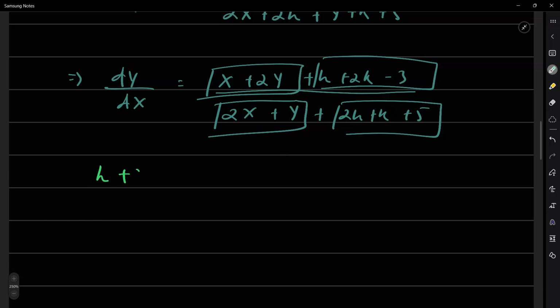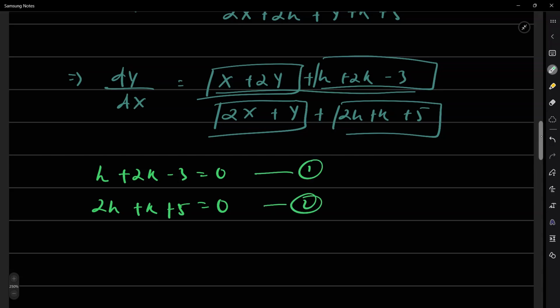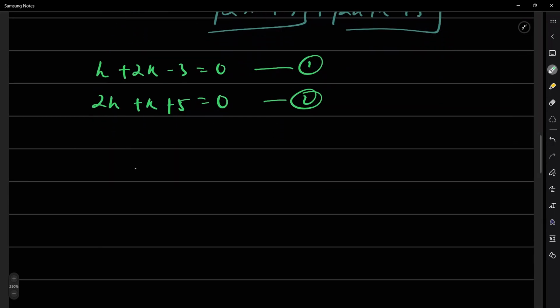So we will write this. We can solve these equations by any method, you know those. I'm going to multiply 2 with equation 1 and 1 with equation 2.